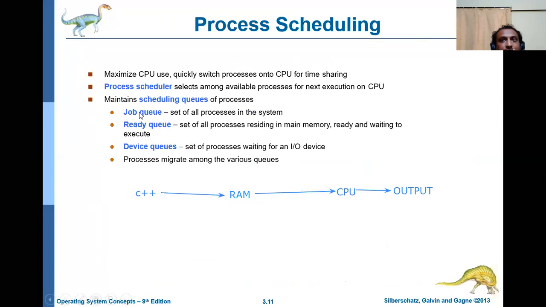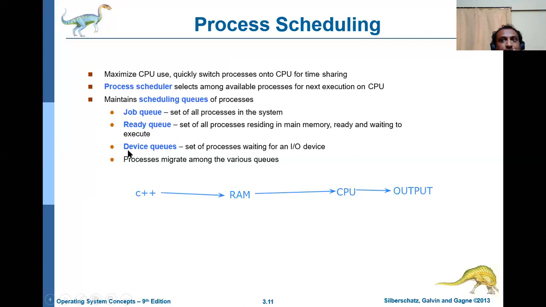In technical terms, the process moves from the job queue to the ready queue. In simple terms, things move from RAM to CPU to be executed. Once it comes to the CPU, it has 5 different states: new, ready, running, waiting, and terminated.